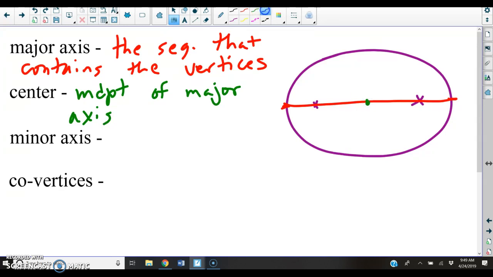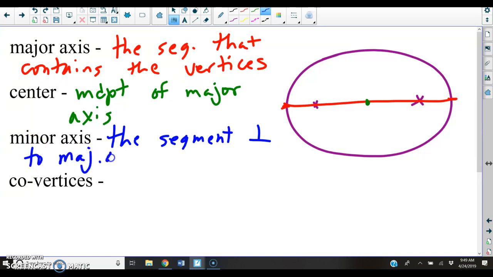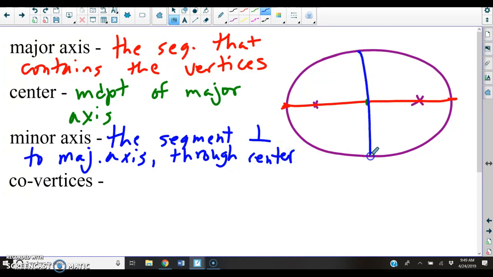The minor axis is the segment perpendicular to the major axis through the center, and it is always going to be the shortest distance across the ellipse.